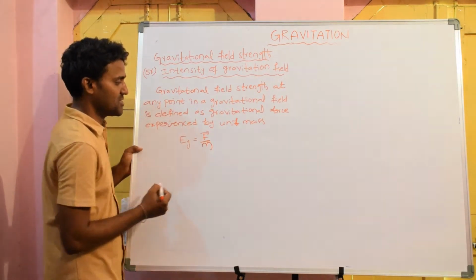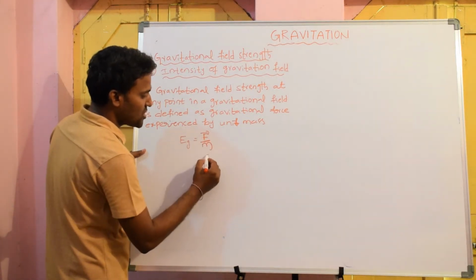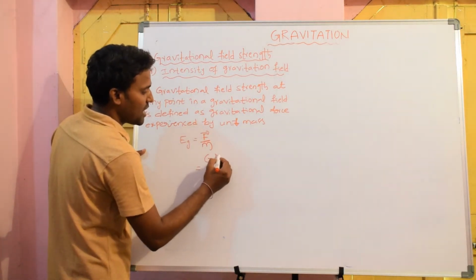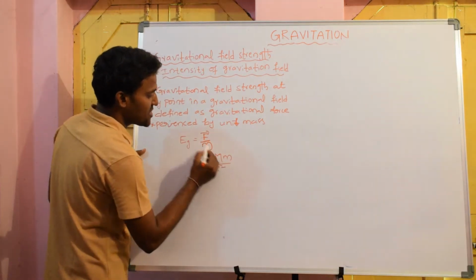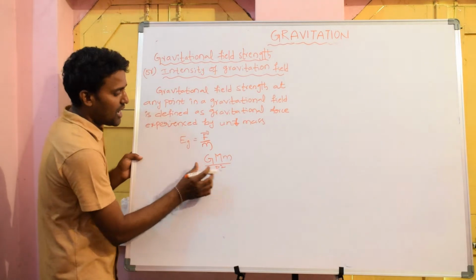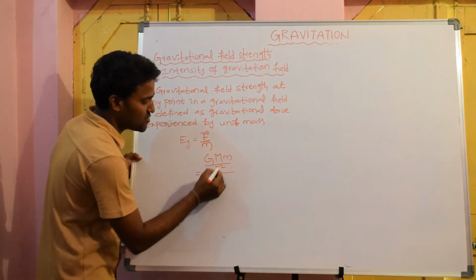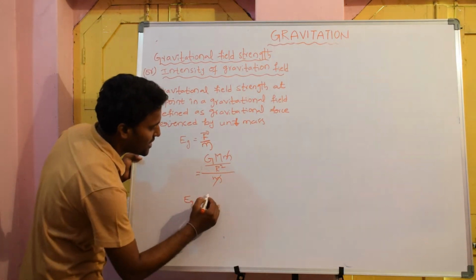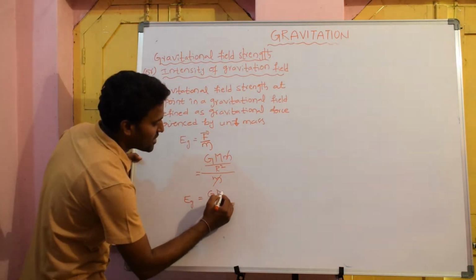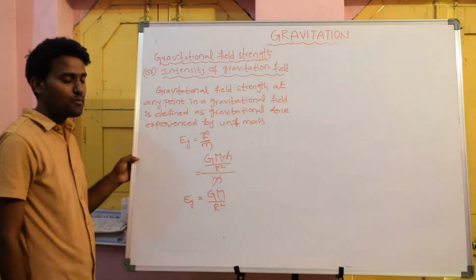So for this I write the gravitational force equation, capital G, capital M, small m divided by r square, and divide by small m, the unit mass. The unit mass gets cancelled, so Eg is equal to capital G, capital M divided by r square.